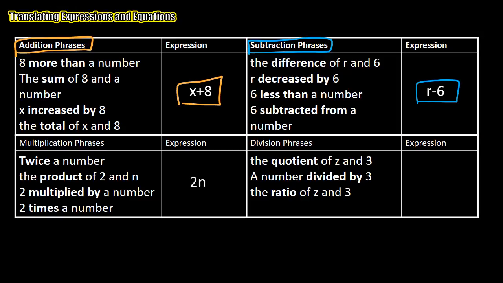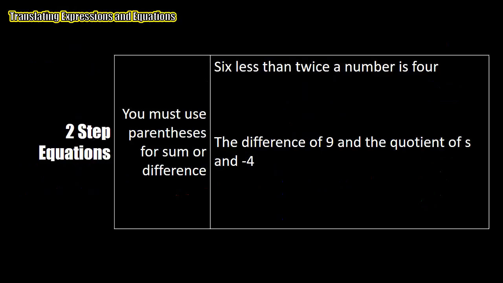For multiplication, we've seen our familiar ways to write it without the multiplication sign. We have twice a number, or the product of 2 and n. We write that as 2n because we know there should be a multiplication sign between the 2 and the n. Last but not least, we have division phrases. All of those are ways we can write z over 3 using our fraction bar. That's a recap.